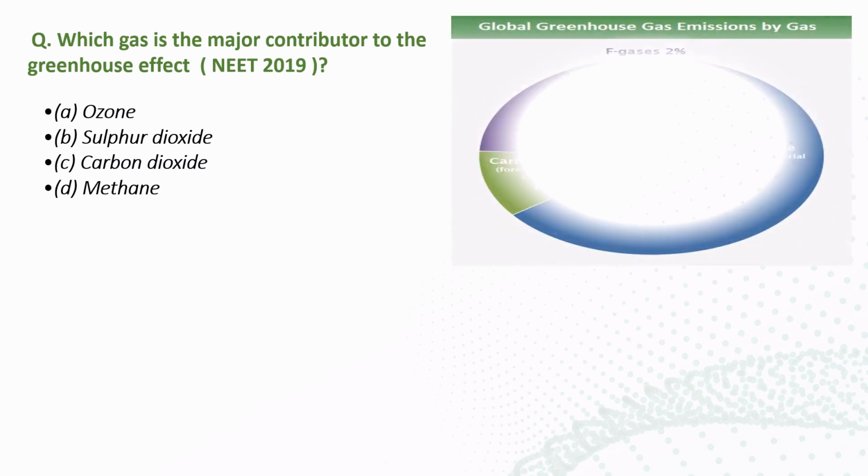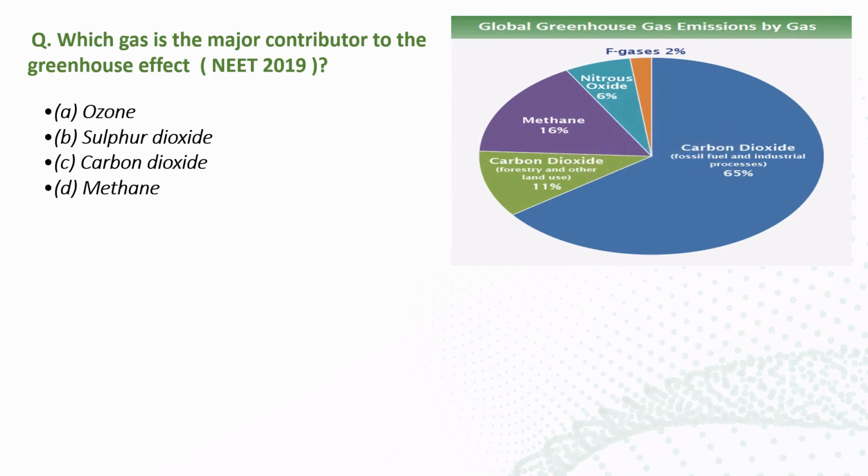If you see the chart here, you can easily answer it. We have many gases like nitrous oxide, methane, and carbon dioxide. Sulfur dioxide is not there. Among these gases, you can say which one has the higher percentage. Obviously carbon dioxide. So carbon dioxide is the major contributor.